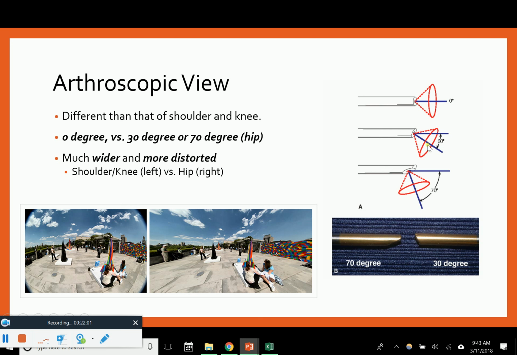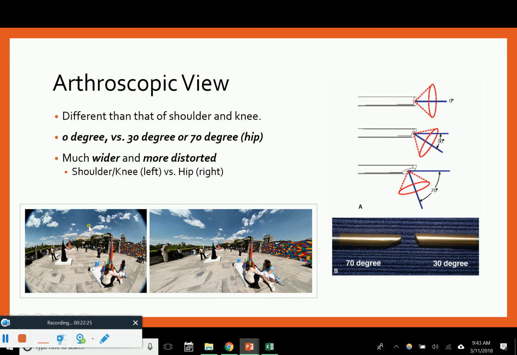The 30 degree, you can point near it and you can pick it up. And then the 70 degree, if you see the window of what you're looking at here, opens very, very wide to allow you to get a lot of observation when you're in someone's hip. The problem is that it distorts the image, like a fisheye lens, right?